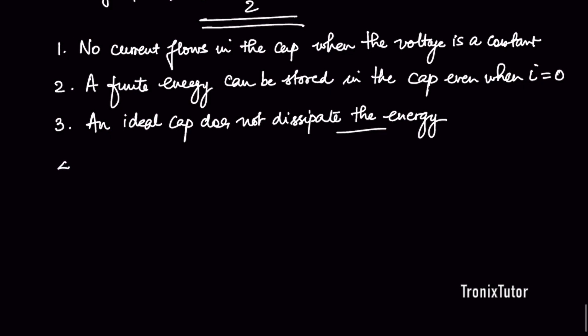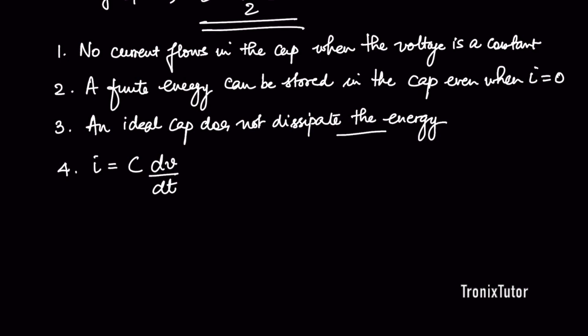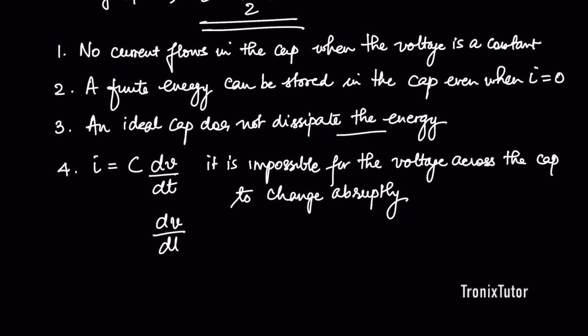And finally, I is given by C dV by dt. And in most practical cases, our current cannot be infinity, which means that it is impossible for the voltage across the capacitor to change abruptly. It means that dV by dt cannot be infinity, which means that the capacitor is inertial to voltage.